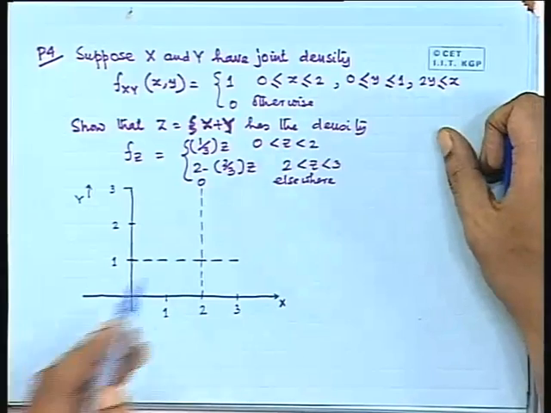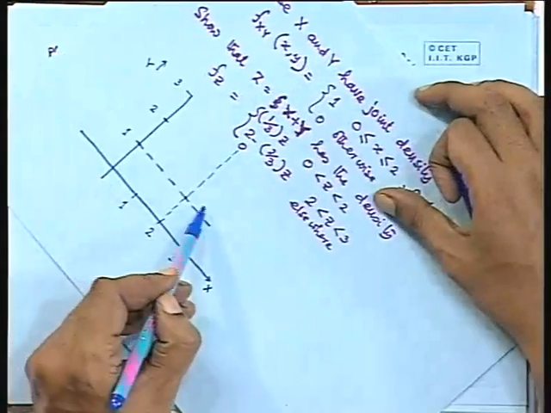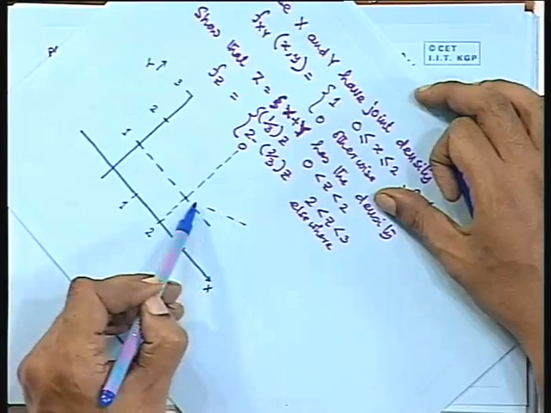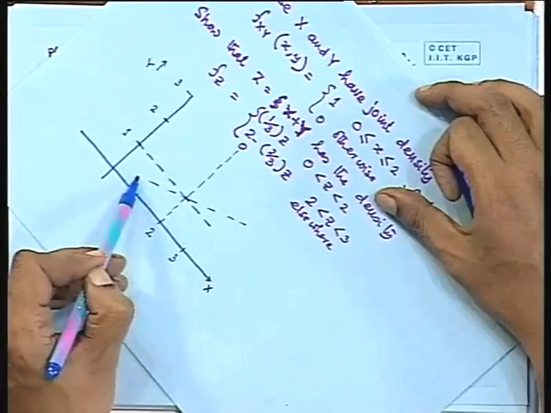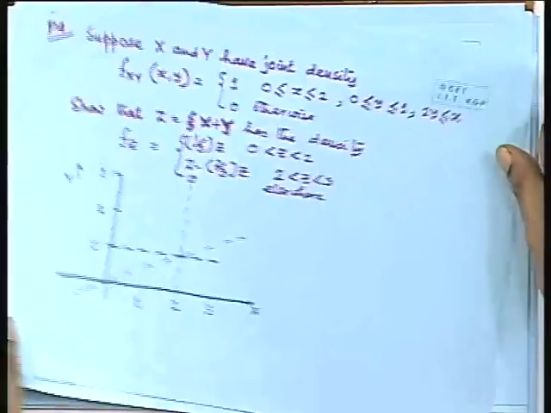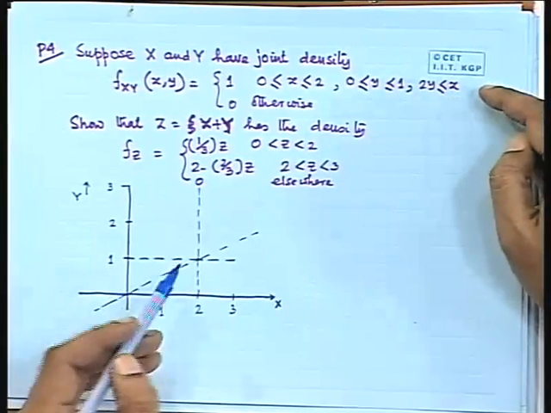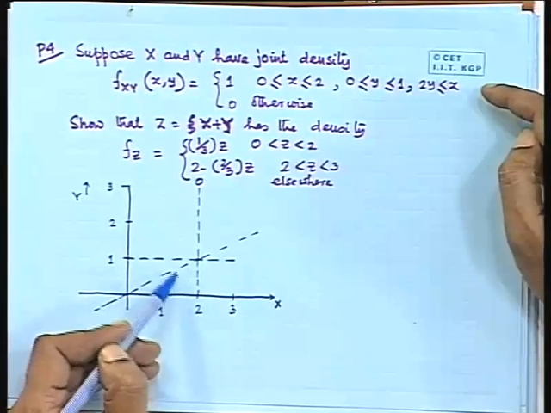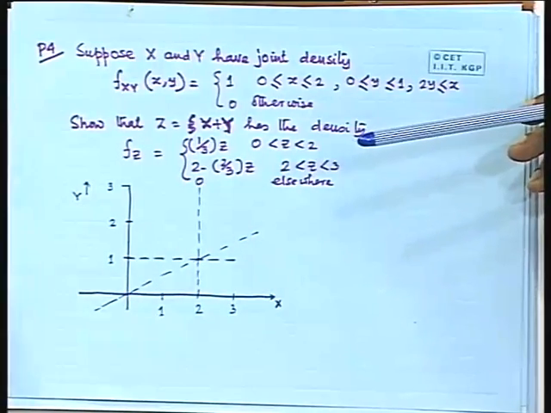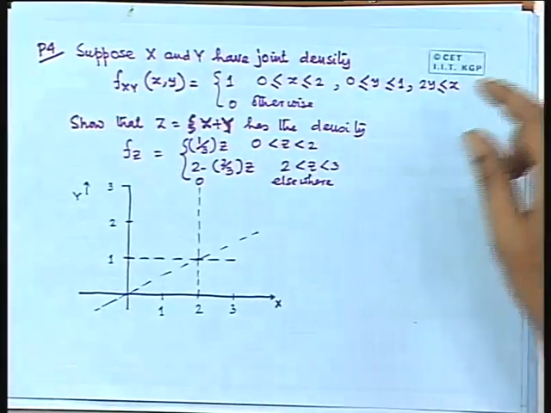X equal to twice y line is here. Is it not? And x is greater than or equal to twice y, that means it is in this region. So the area in which fxy is non-zero turns out to be this area.